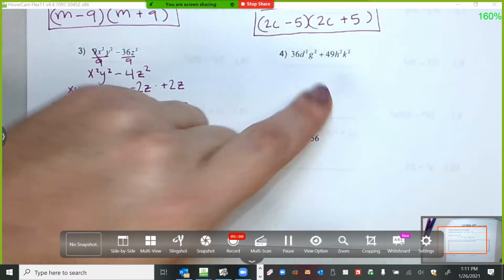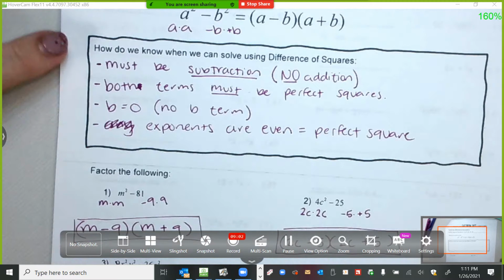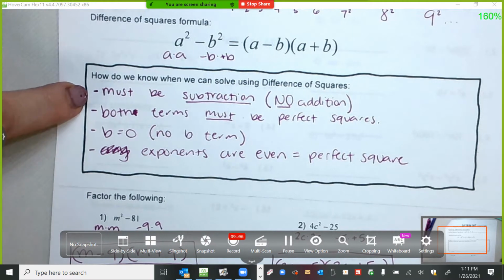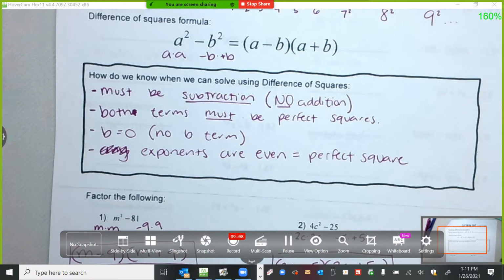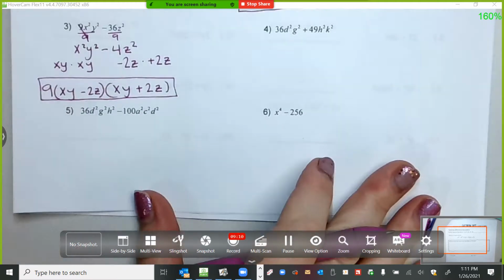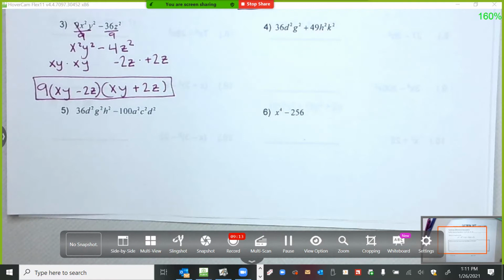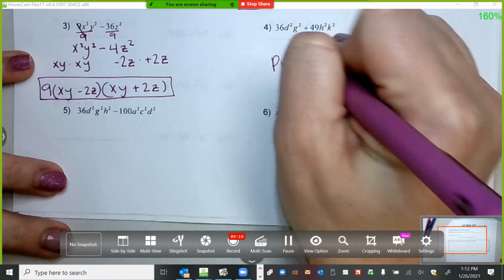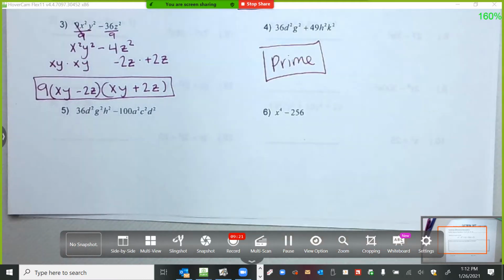No, what's the first thing I wrote? Must be subtraction. So can we do this method? No, there's no GCF. It's not 3 terms, so we can't factor it using the snowflake. There's no grouping. So y'all, this is prime, because there's no 2 things that could multiply to create this.